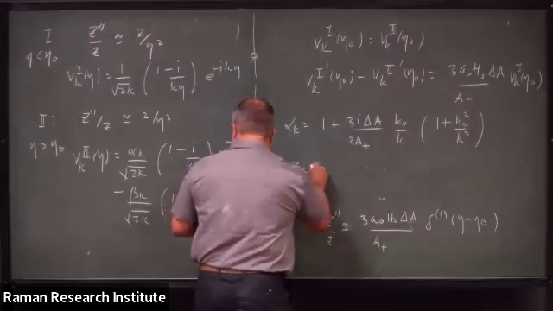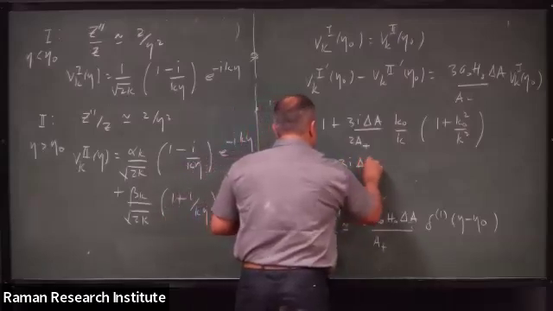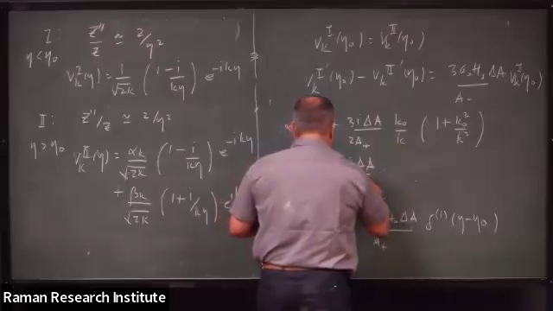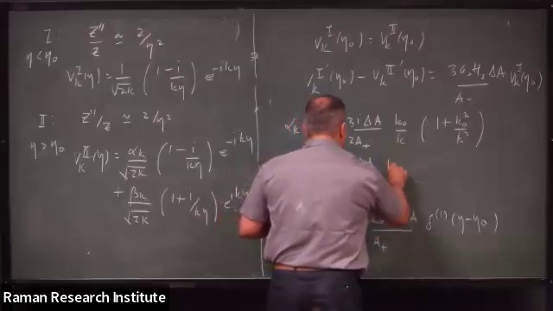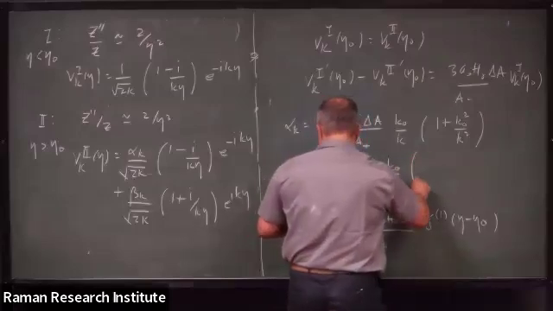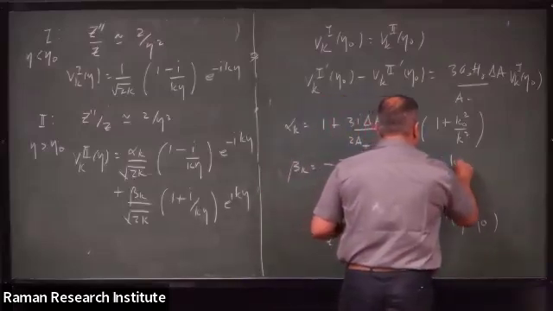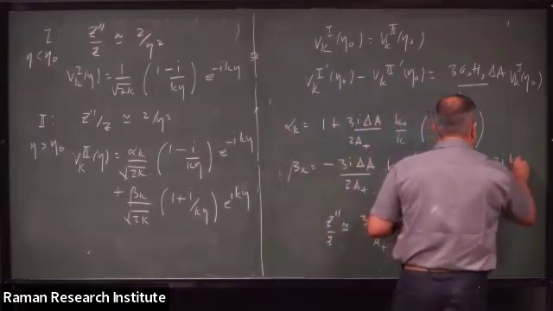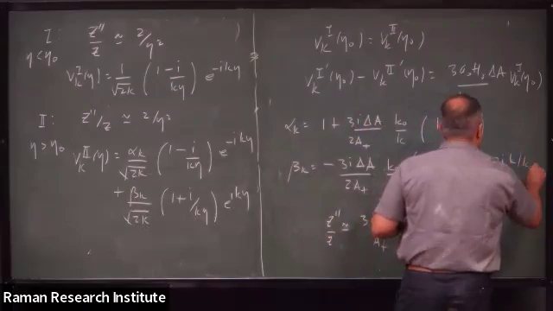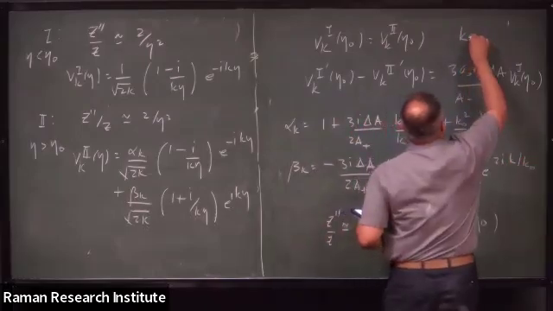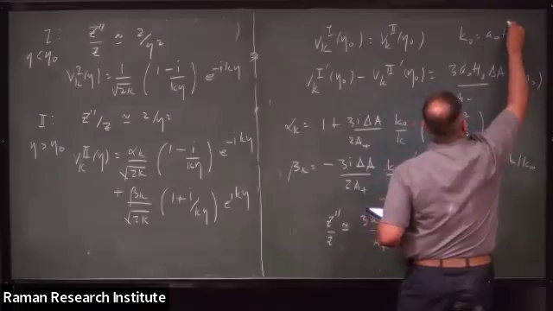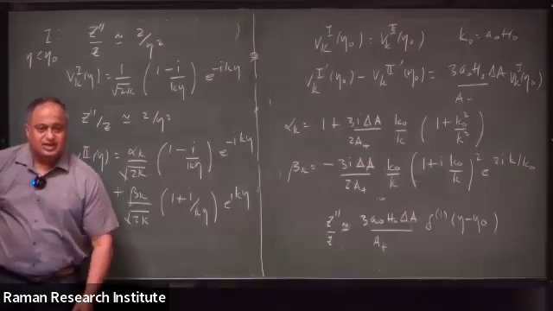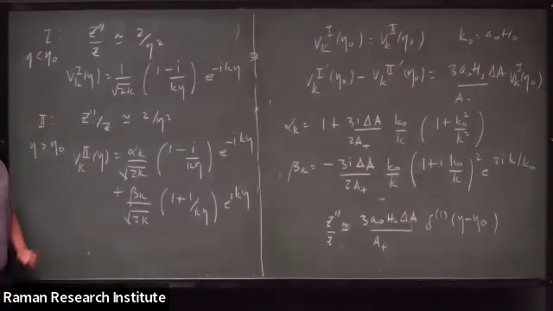Beta k happens to be minus 3i delta A by 2A plus k naught by k, 1 plus i k naught by k whole squared, e power 2i k by k naught. K naught is equal to A naught H naught, the mode or wave number that leaves the Hubble radius at eta naught.